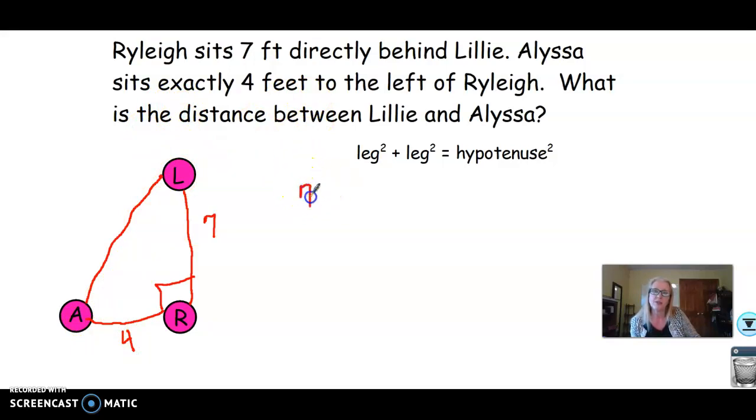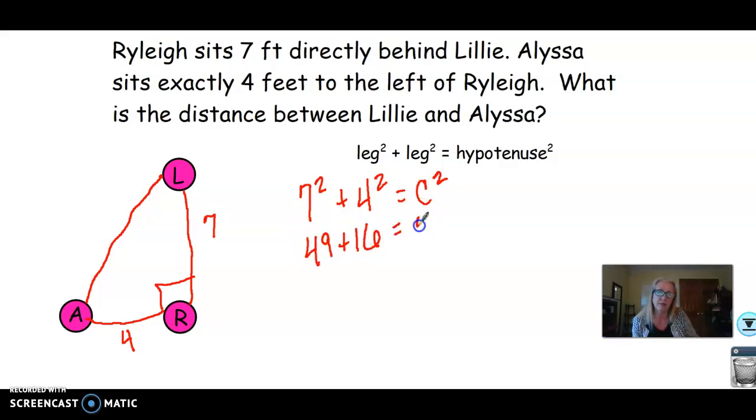So we have our two legs, leg squared plus the other leg squared equals c squared, or the distance between Lily and Alyssa. So this gives us 49 plus 16 equals c squared. 65 equals c squared. And now we have to do the square root because it's unlikely that Lily and Alyssa are 65 feet apart. That's crazy.